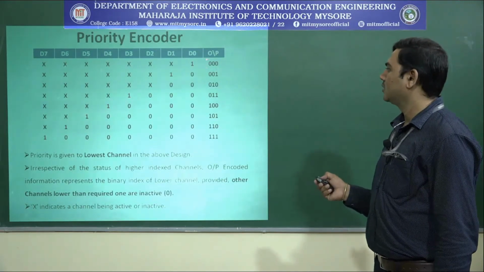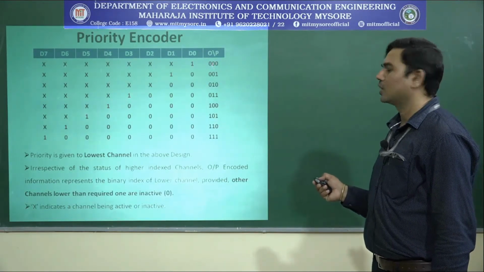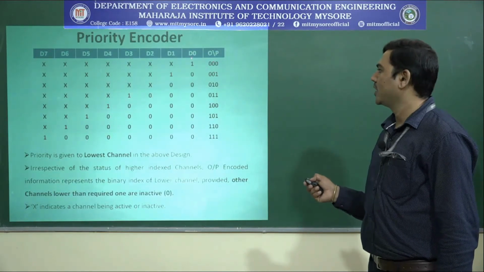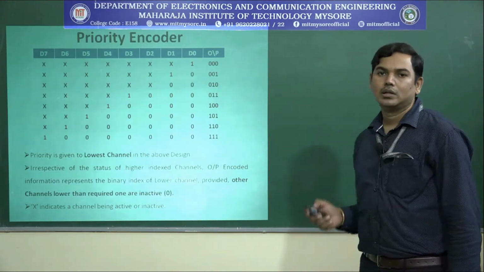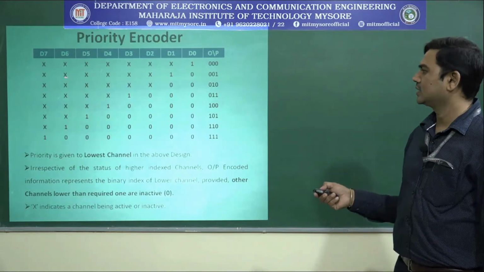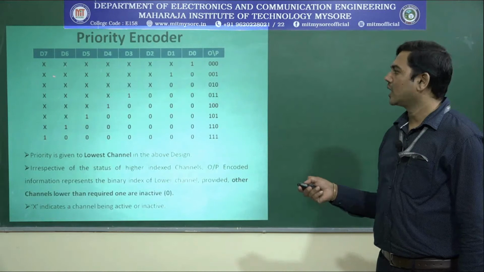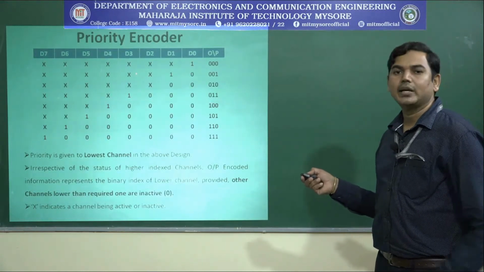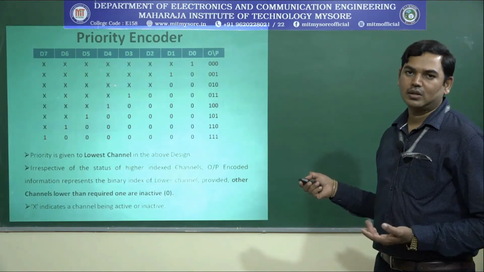The encoder will only output the binary index of the lowest channel. Now, let us try to understand the second row. What is this saying? There are don't cares, which means it can be either 0 or 1.